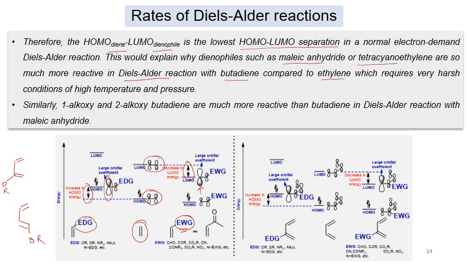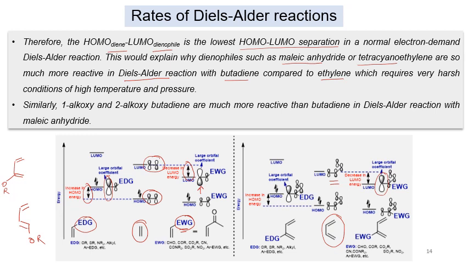If you consider the diene, simple butadiene has a coefficient distribution of this kind in the HOMO and LUMO. If you put an electron withdrawing group at the 2 position for butadiene, then the most important orbital, that is this one, will have a large coefficient.